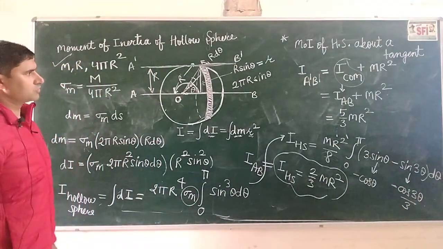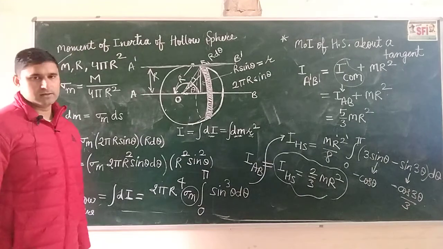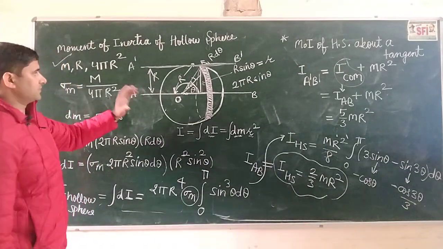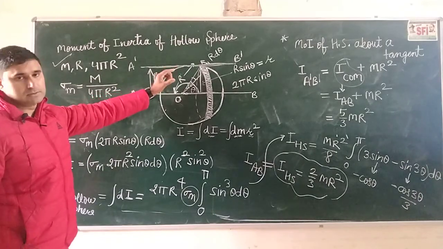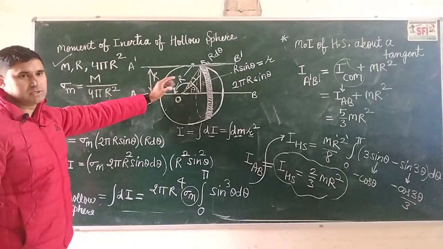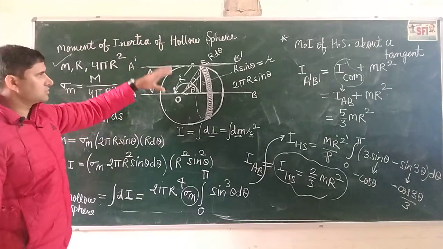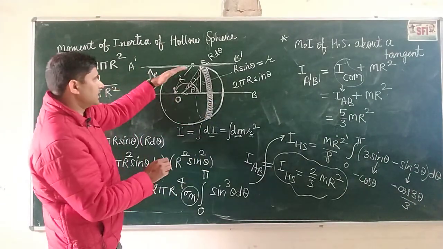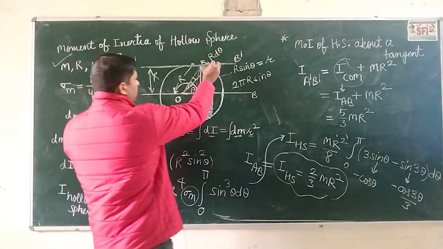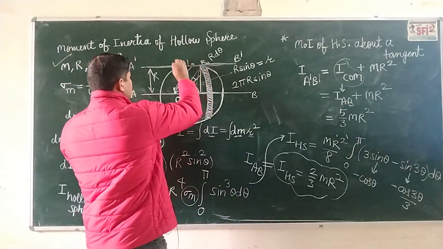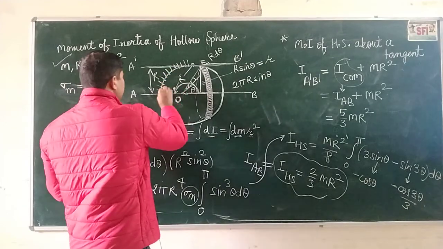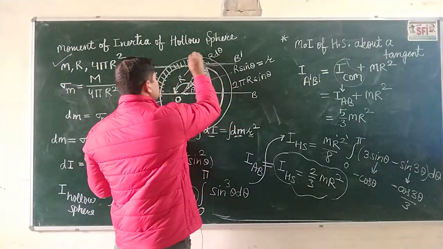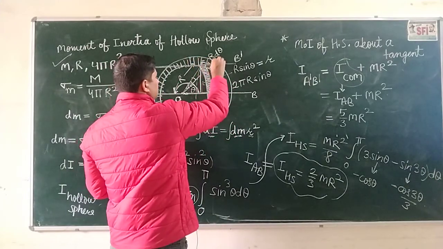One more thing you can do here is find the moment of inertia of a hollow sphere with thickness. Here we have taken the thickness very small. We have assumed that the mass of the hollow sphere is just distributed over the surface. If we consider that this is of some definite thickness, it is a cell.